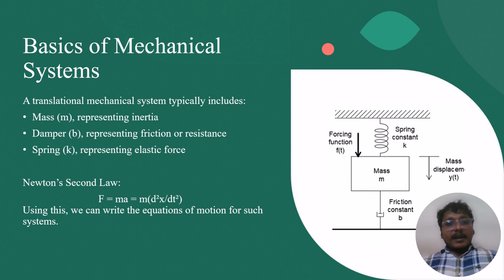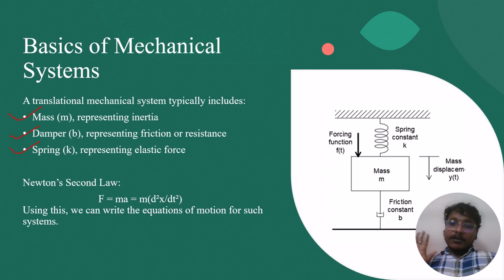Now the basic mechanical system, which we already know from the very ages. Any mechanical system has the mass, that is the mass of the entire system, and the damper, which relates to friction, that is how much movement it is having. That is called the damping factor, represented by B. And the spring, which represents the elasticity force, because every mechanical system will have some force.